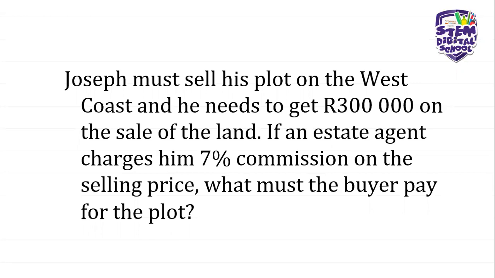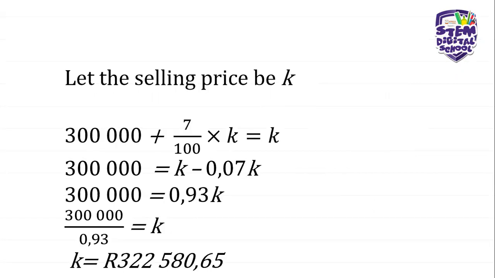So now we need to check how much the prospective buyer will pay in addition to what Joseph needs. Once again, very important, we have a responsibility to identify the data, what is given and what is not given, so that we are able to check what it is that we need.